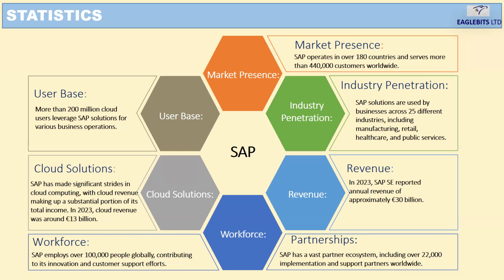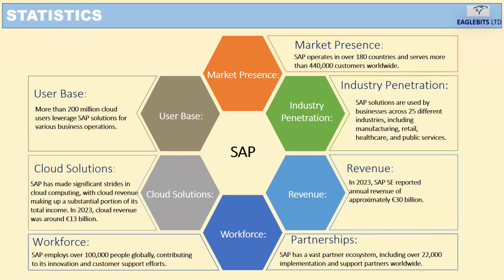In 2023 alone, the cloud revenue was somewhere around 30 billion, and it's based on S/4HANA, either public cloud system or private cloud system, as the case may be. So they are really making good revenue from that. Then the user base: more than 200 million cloud users leverage SAP solutions for various business operations.